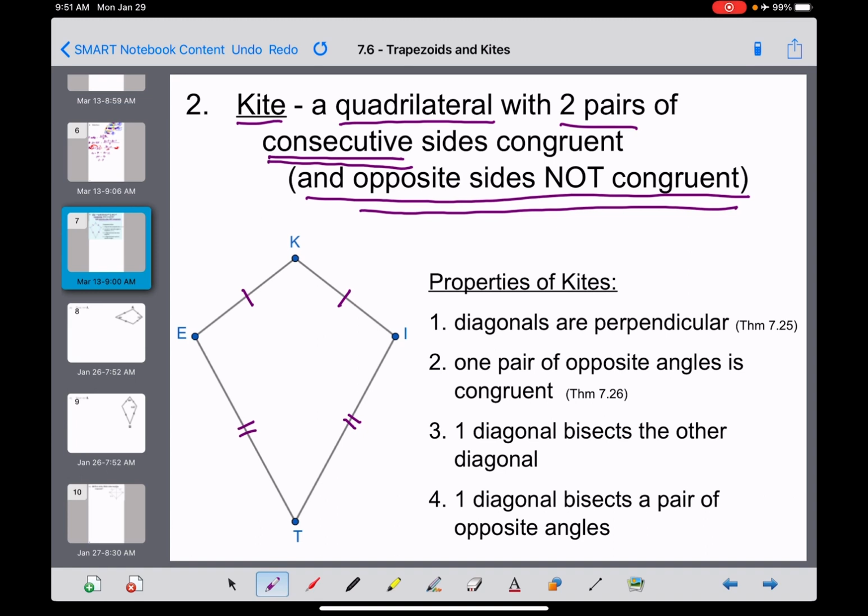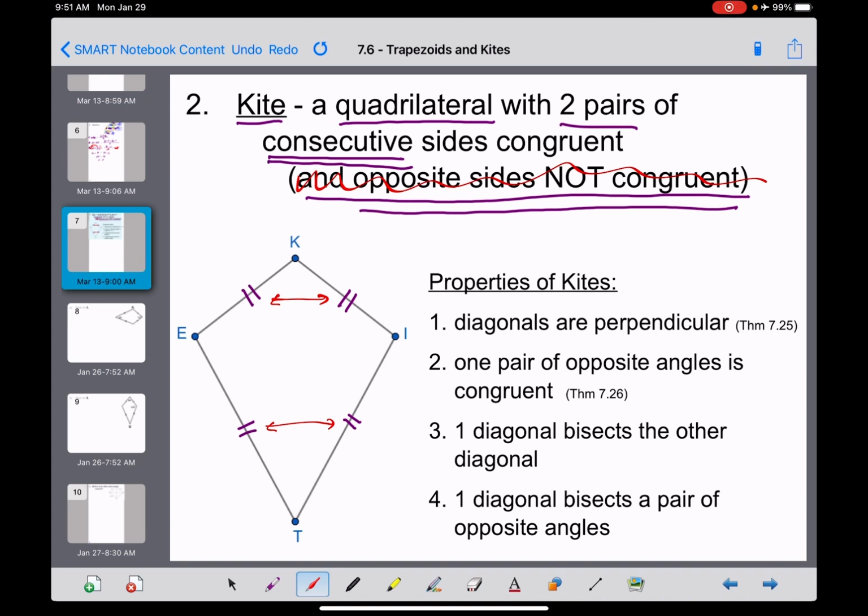I put that in there because technically, don't put this in your notes, guys, technically, if I put a double tick mark and made all 4 sides congruent, you could technically argue that there's one pair of consecutive sides congruent and there's a second pair of consecutive sides congruent. So you could argue then that without this statement right here, technically what I have drawn here is a kite.